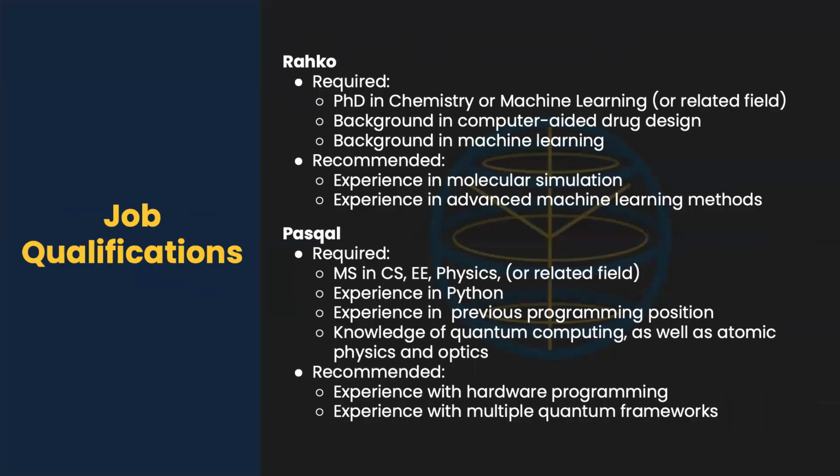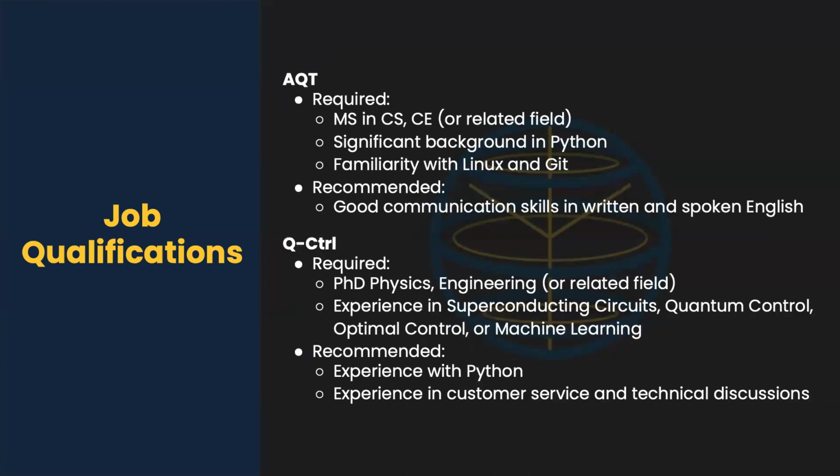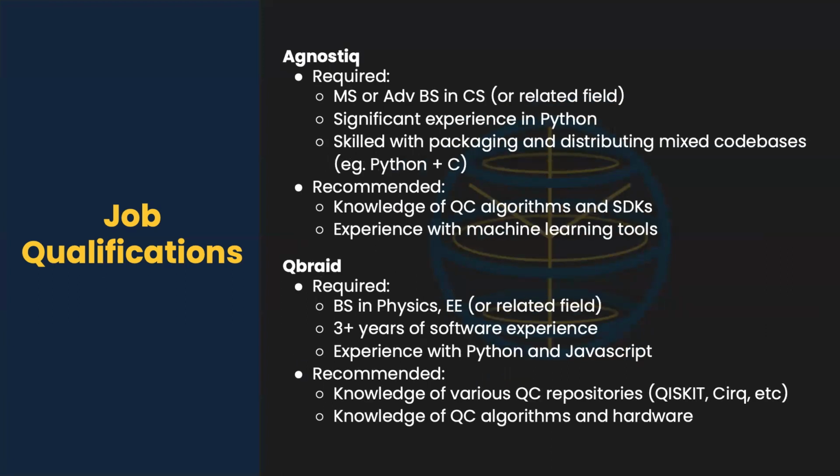Job qualifications, it sort of ranges, but you'll see a lot of master's degrees, PhDs. They like backgrounds in quantum physics. They also like backgrounds in computer science. Who would have guessed, a field that's like the combination of the two? And it kind of ranges.